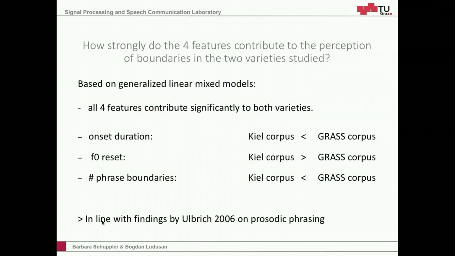These findings are in line with a study by Ulbrich from 2006, which was based on a smaller database and used different research methods than we used. But her observations on the variation and the differences in prosodic phrasing among the German varieties went in the same direction, especially concerning how often we pause while we speak.